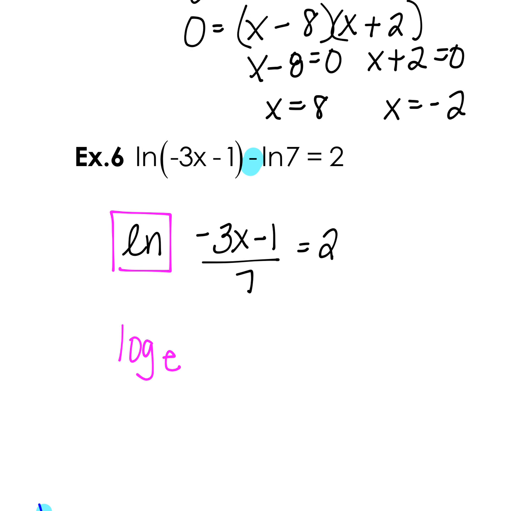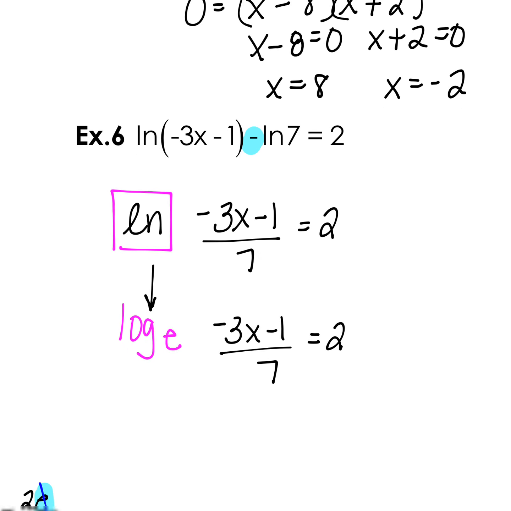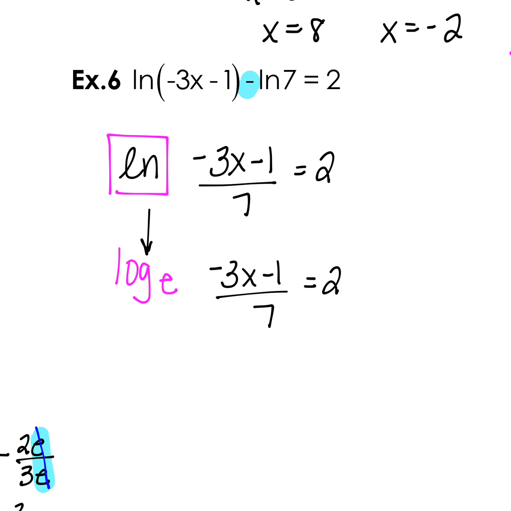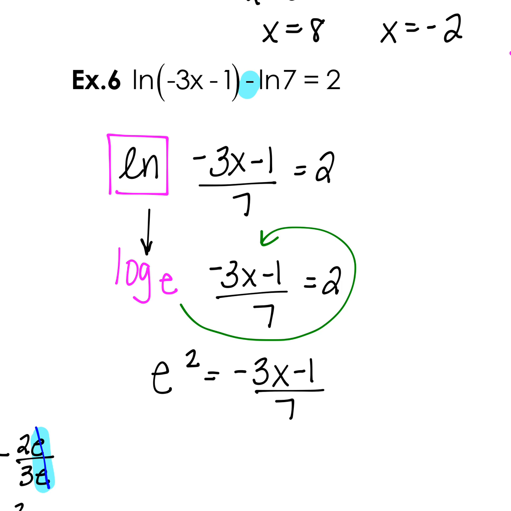So that's all we're doing is rewriting it. Log base e of negative 3x minus 1 over 7 is equal to 2. Now we're going to do our loop. And this is going to become e squared is equal to negative 3x minus 1 over 7.